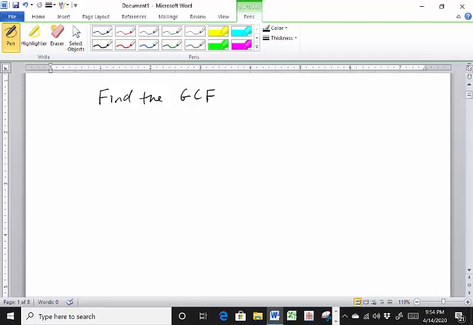It'll look similar to what we did before. So let me write this down. Let's say the numbers are 36 and 24. What's similar is that we're going to break these up into prime numbers. So 36 is 12 times 3, 12 is 6 times 2, 6 is 3 times 2, and then we're going to circle all of the prime numbers. So this should look familiar to you.